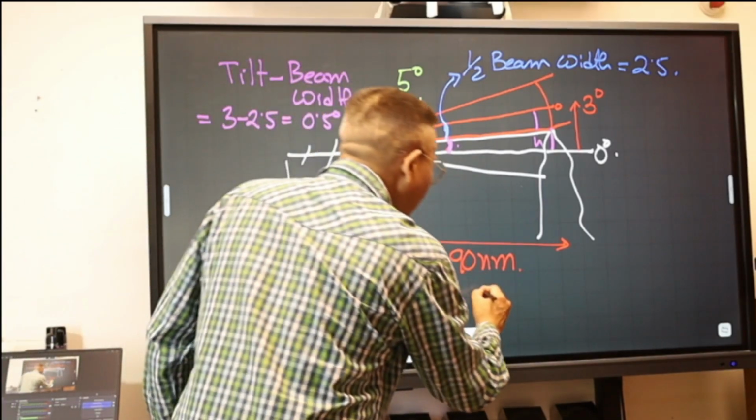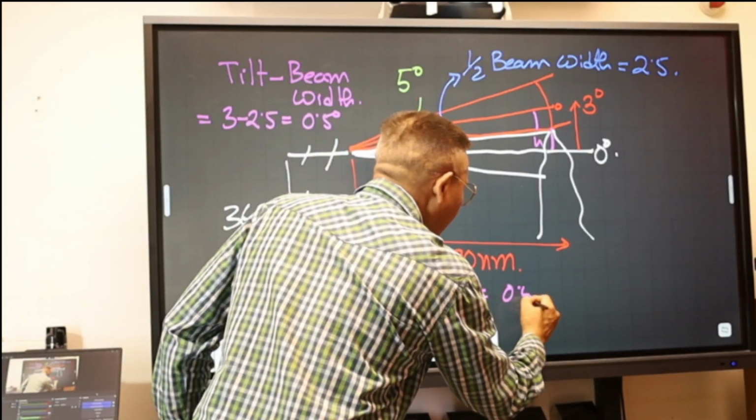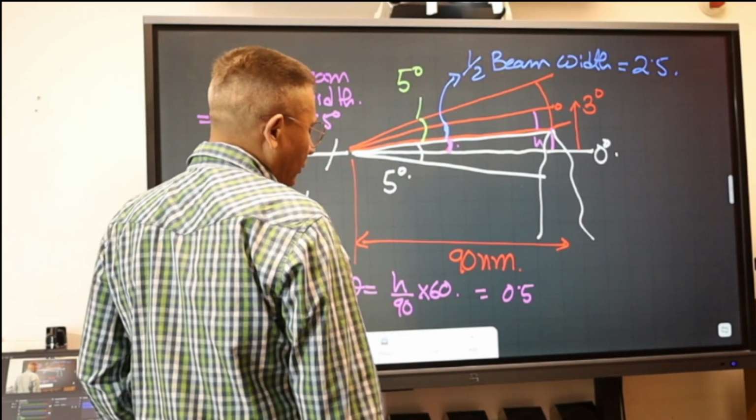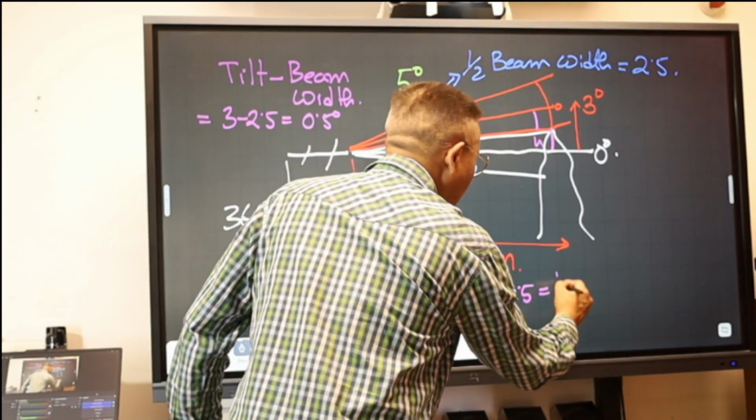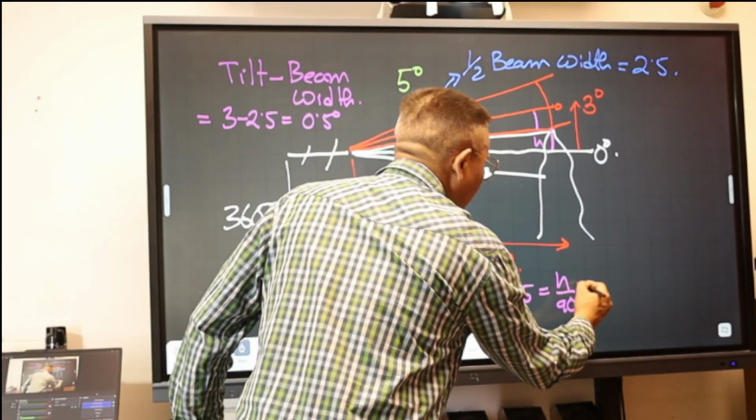That is, theta, which is 0.5, is equal to h, unknown, over 90 into 60.